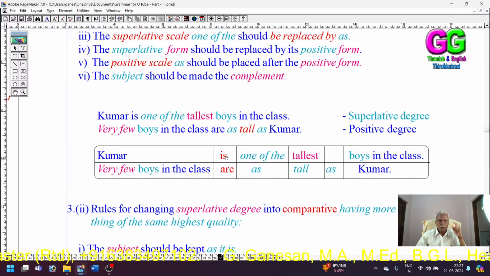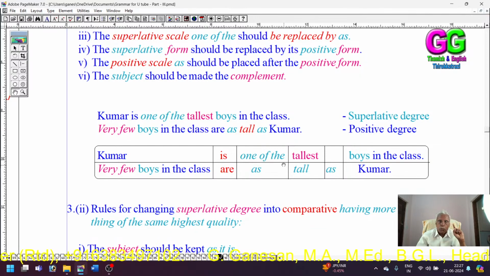Secondly, the verb. In the superlative, the subject is singular, so the verb is singular. In the positive degree, the subject is plural, so the singular "is" has been replaced by the plural be verb "are".